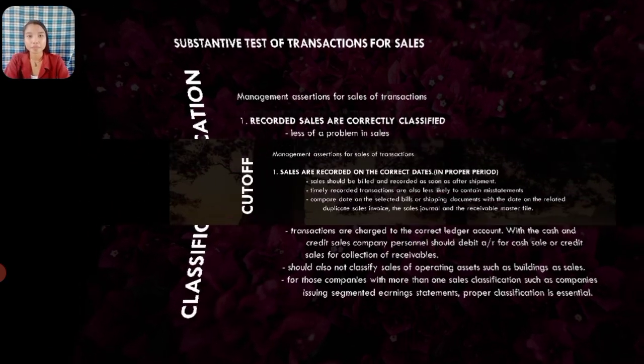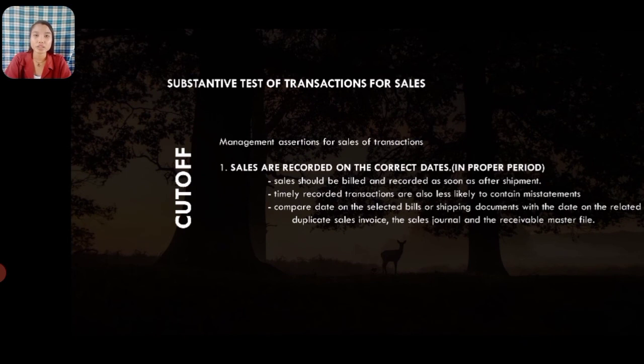Now, let's talk about the last substantive test of transactions for sales, which is cutoff. Sales are recorded on the correct dates or in the proper period. Indeed, sales should be billed and recorded as soon as possible after shipment. So after shipment, the bookkeeper must record those transactions that have occurred.